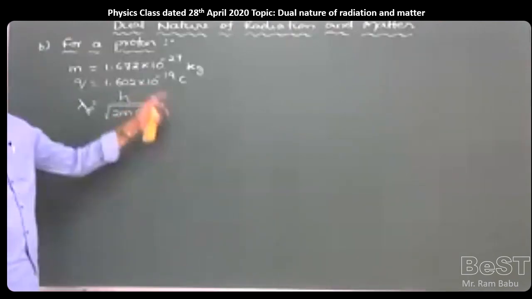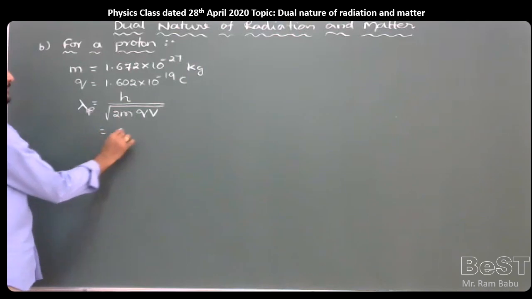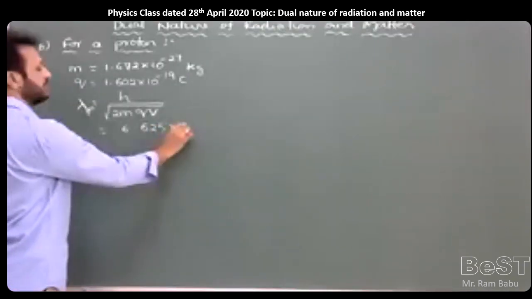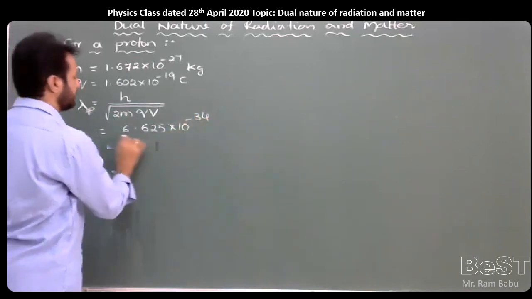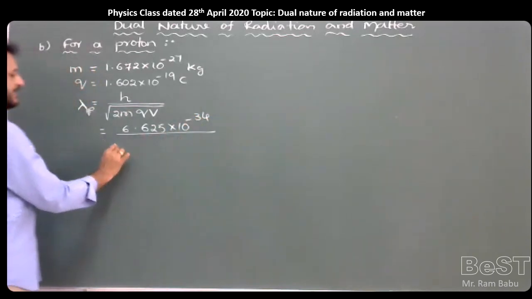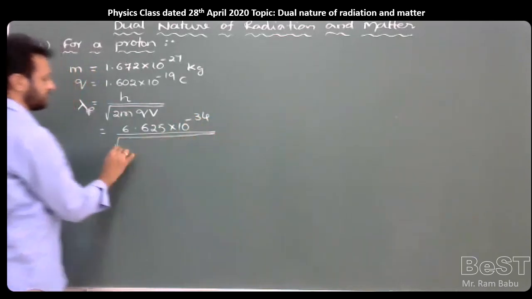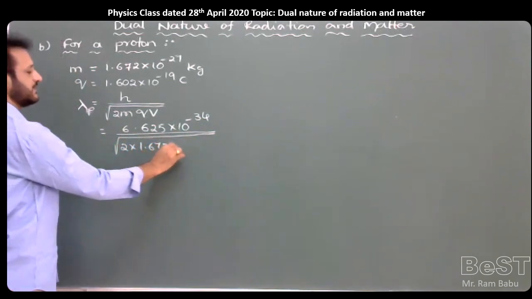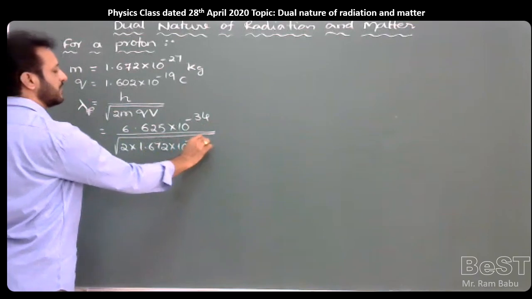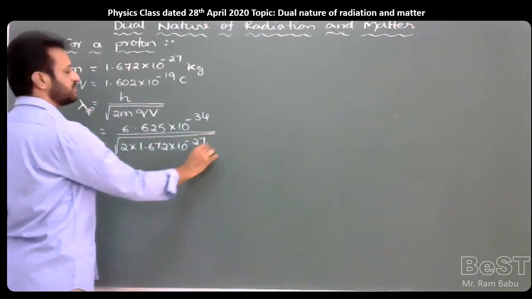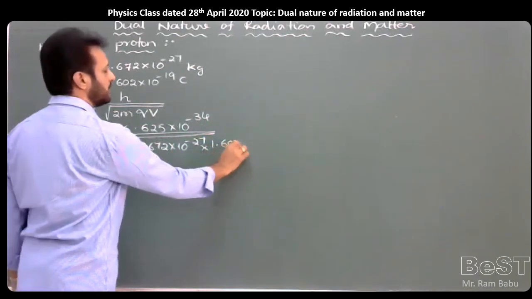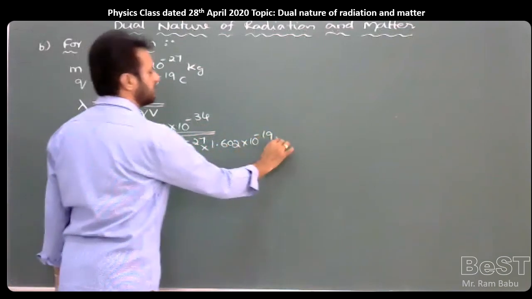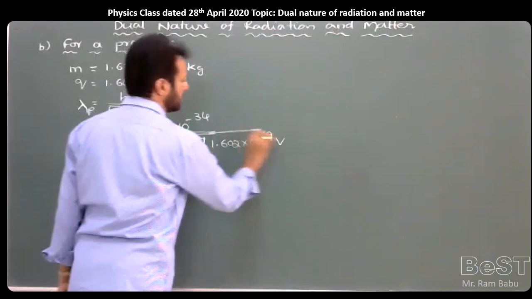By substituting all the values here, we get Planck's constant 6.625 into 10 to the power of minus 34 divided by square root of 2 into the mass of the proton, 1.672 into 10 power minus 27, into the charge of the proton, 1.602 into 10 power minus 19, where V is the potential difference through which the proton is accelerating.